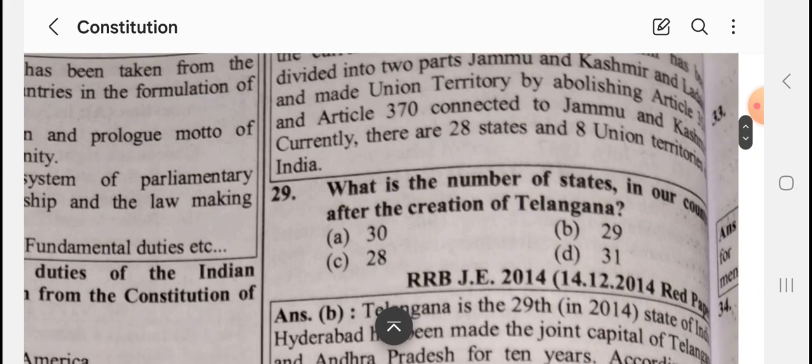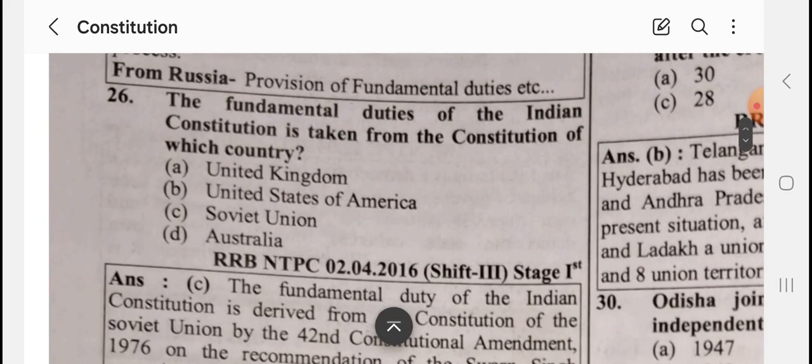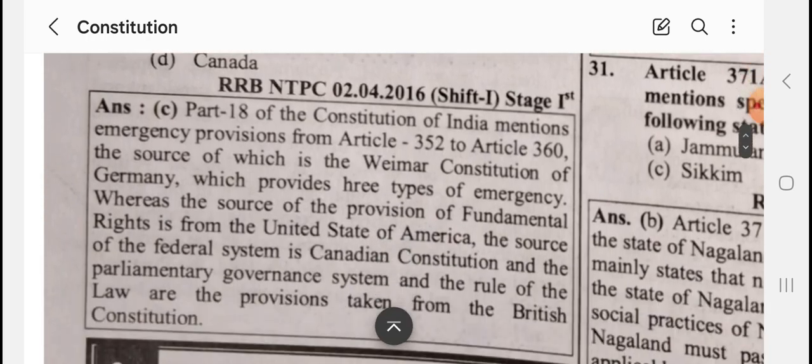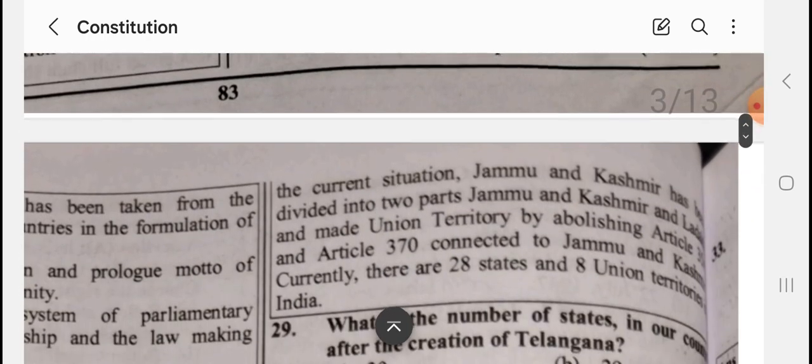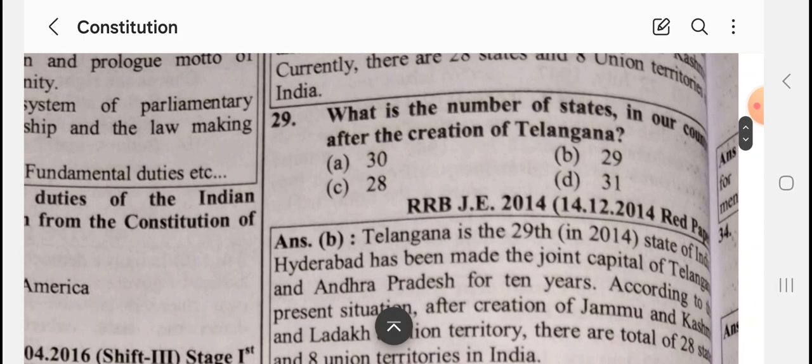What is the number of states in our country after the creation of Telangana? This is a previous year question.